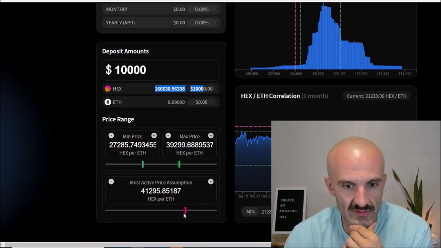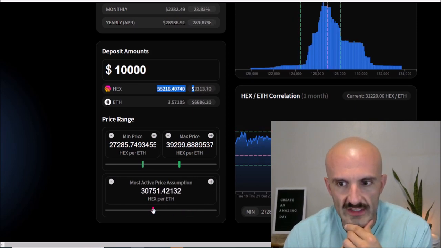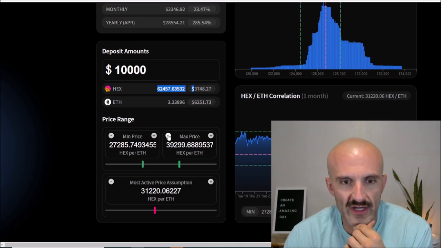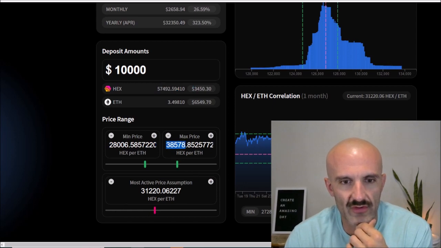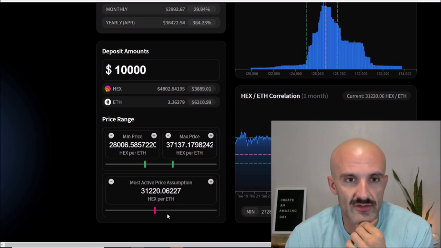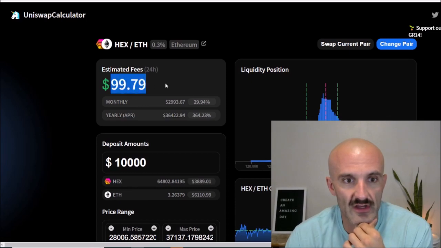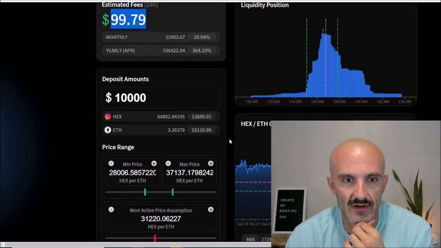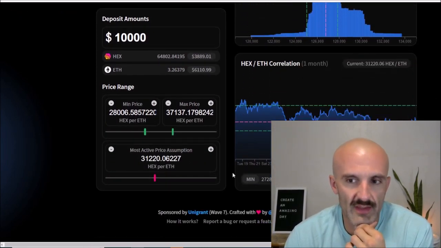So how I like to do this is, say this is back here where it was, and I wanted to put this range at 38.5, and this one at 28,000. This is the range that I wanted to earn fees between. I could make it even smaller if I wanted to, and then that increases the fees. $100 a day, right? Life-changing for a lot of people.